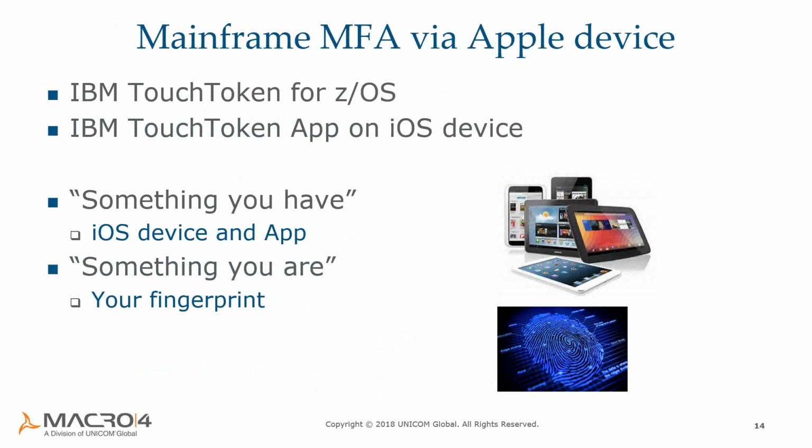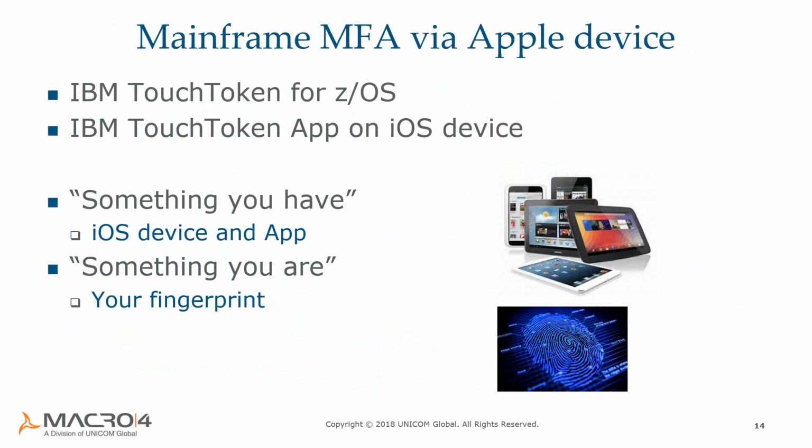It also supports the Touch Token for z/OS, which is the Apple device. So if you've got an Apple phone, then you can install an app on your iOS device. You then register that phone to the website that comes with the Touch Token for z/OS software.